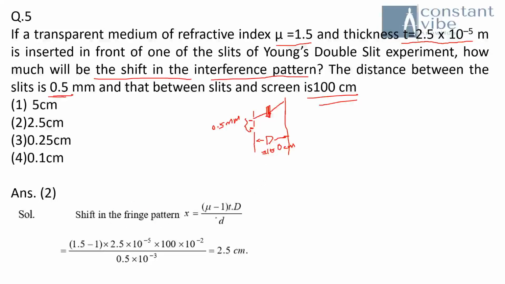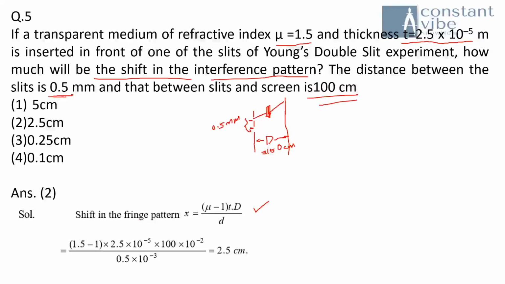So the shift in the pattern x is equal to mu minus 1 into t into D by d. This formula we already used in the previous question.